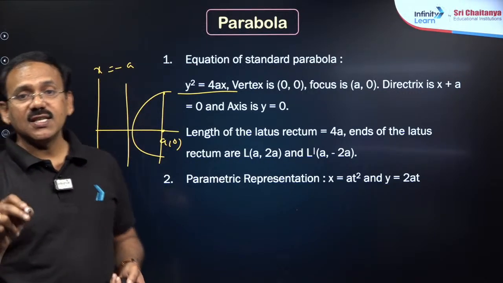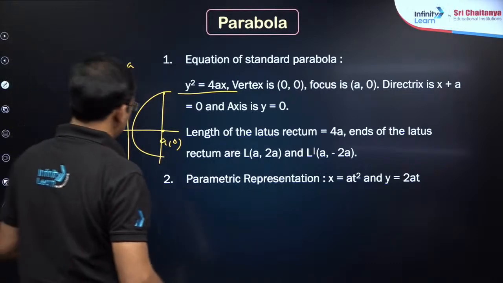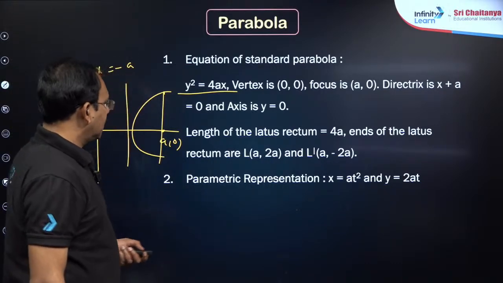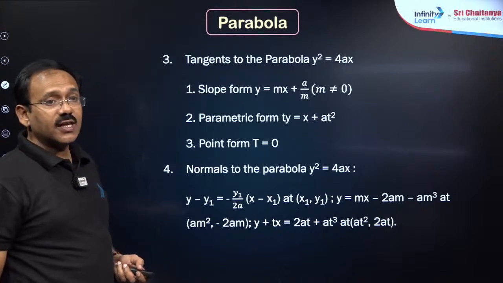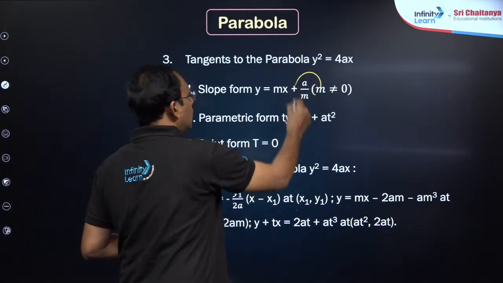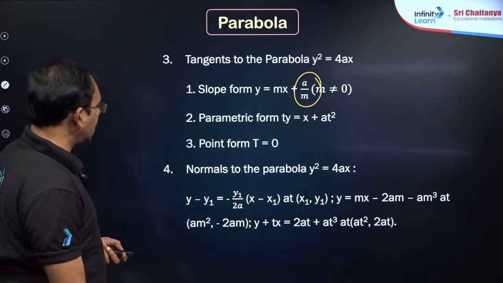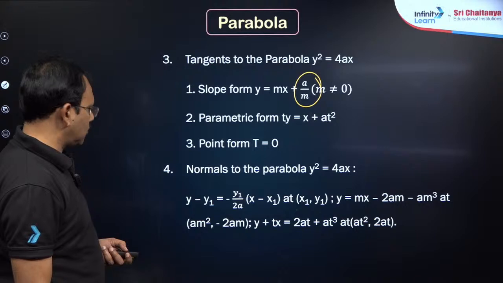On the equation itself you will get the question, my dear friends. Next, if y is equal to mx plus c is the tangent, the condition is c is equal to a by m. If a point on the curve is given, the tangent equation is S1 is equal to 0.